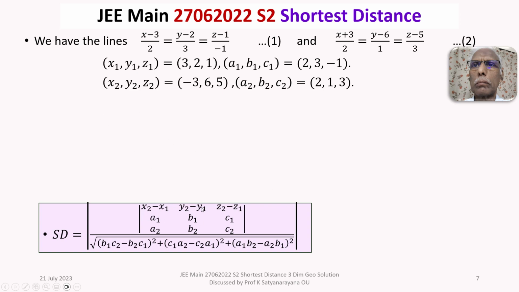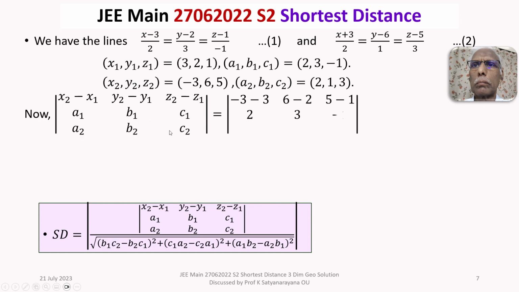So first, let's get into the determinant. The determinant has x2 minus x1, y2 minus y1, z2 minus z1 in the first row, a1, b1, c1 in the second row and a2, b2, c2 in the third row. x2 minus x1 is minus 3 minus 3, y2 minus y1 is 6 minus 2, z2 minus z1 is 5 minus 1, and a1, b1, c1 is 2, 3, minus 1, a2, b2, c2 is 2, 1, 3.